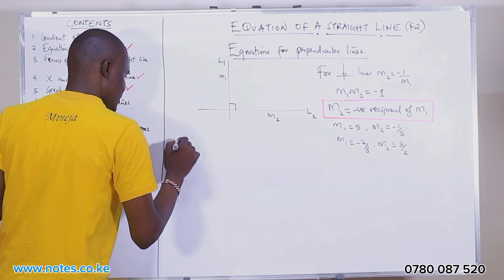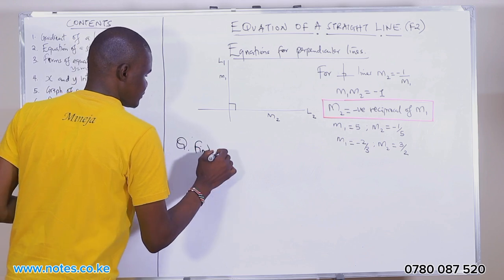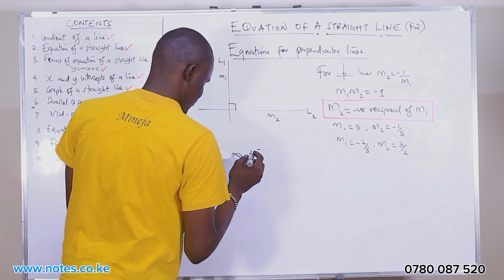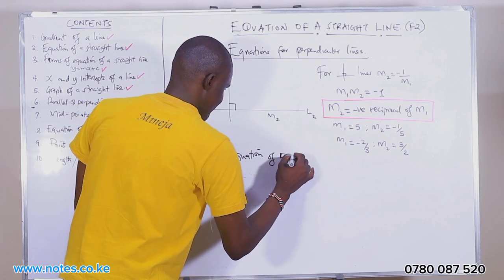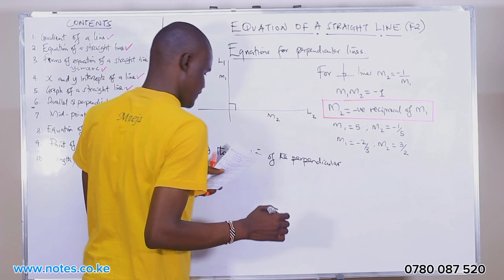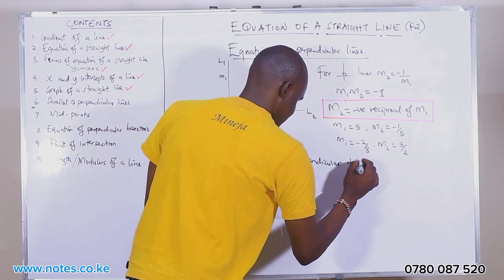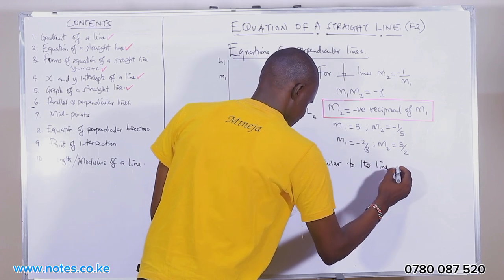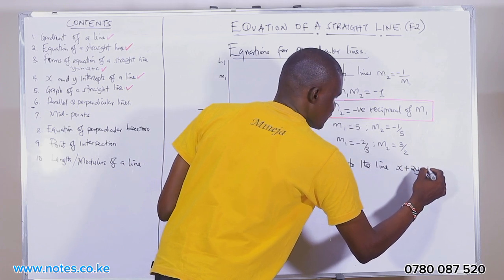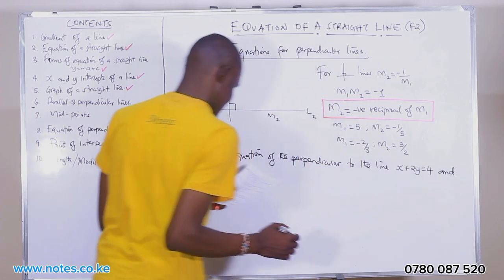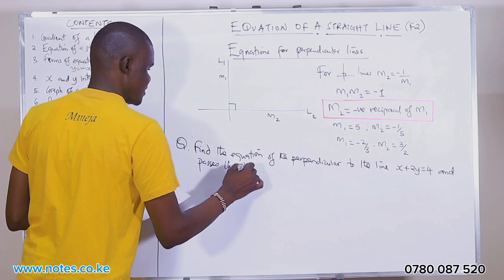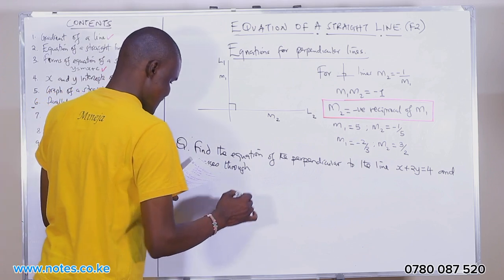Find the equation of the perpendicular to the line x plus 2y is equal to 4 and passes through (2, 1).